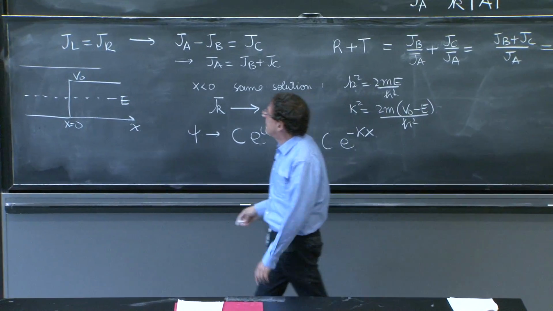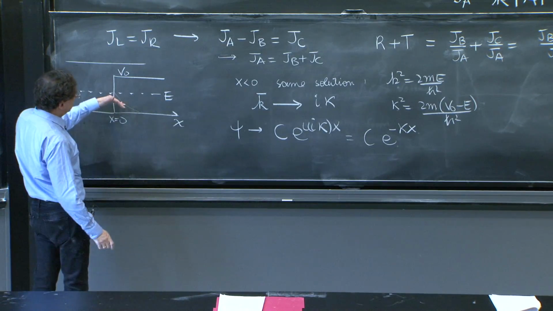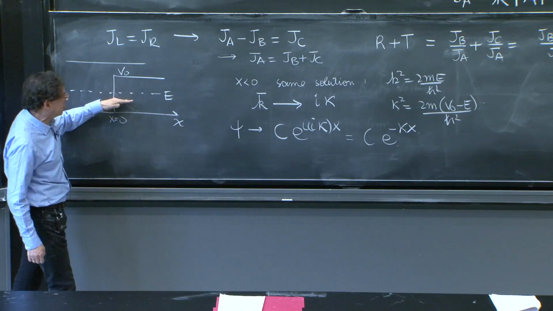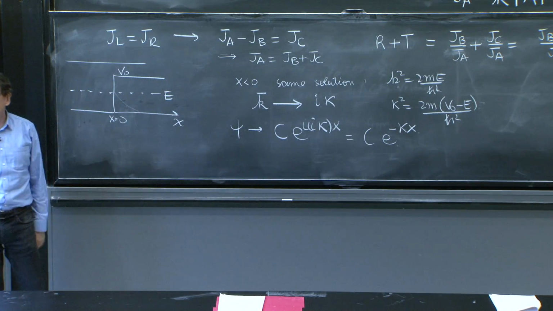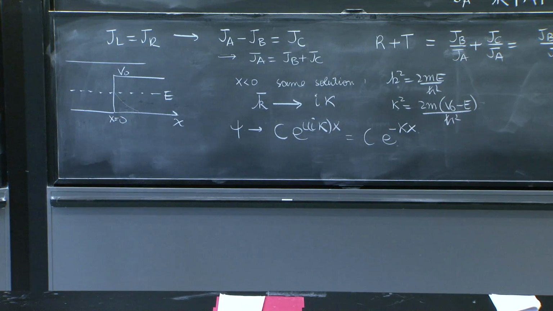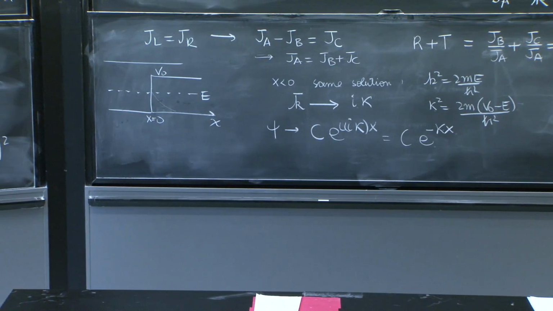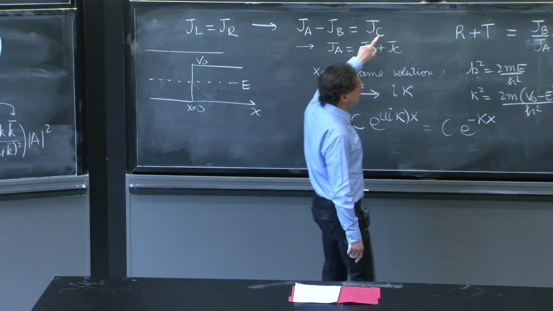Indeed, the solution decays and it looks like the one of a bound state in this region. So there's no current there, because the solution drops down. But it's a real solution anyway, so there's no current there. So J is equal to 0.